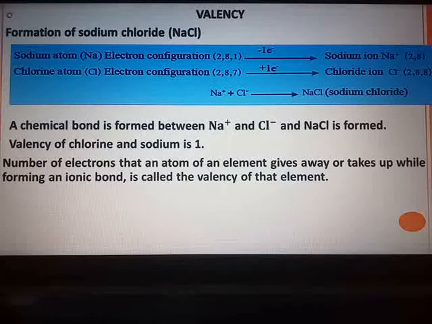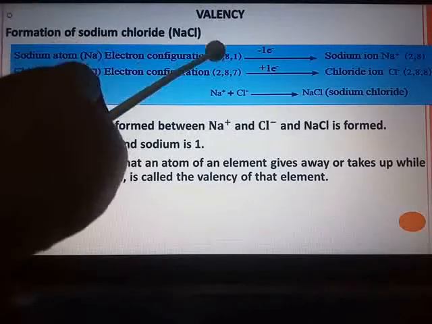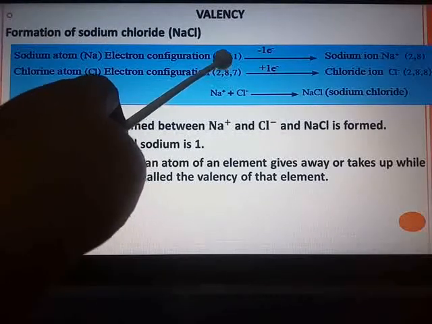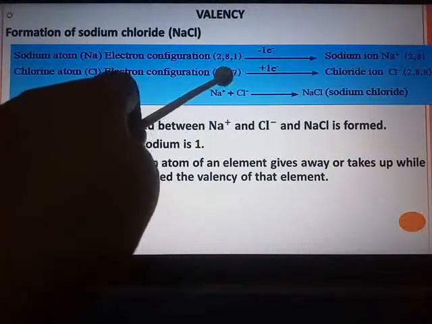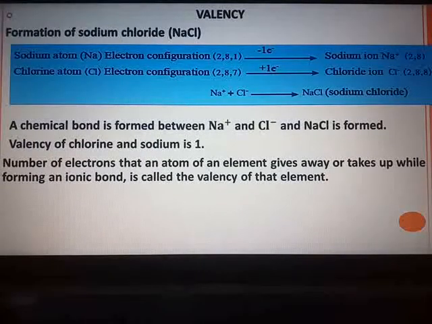Just now we had seen how to write the electronic configuration. So you can see in the case of sodium, in the third shell there is only one valence electron. The electron in the outermost shell is called the valence electron. Whereas in the case of chlorine, there are 7 valence electrons in the third shell.